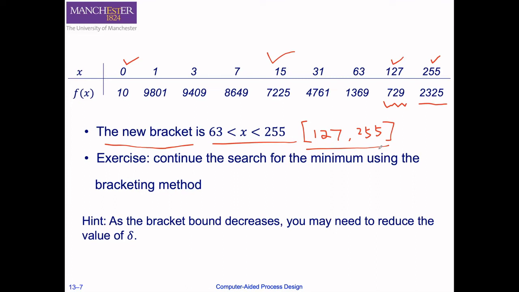However, we are clear that in the bracket 63 and 255, there is a point whose function value is less than the function value at the bracket bounds. That means there is a minimum between 63 and 255. This is why we have a new reduced bracket as 63 and 255.